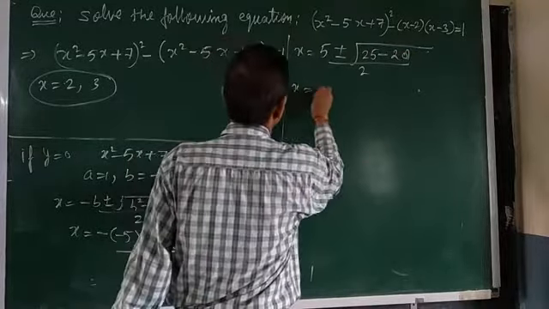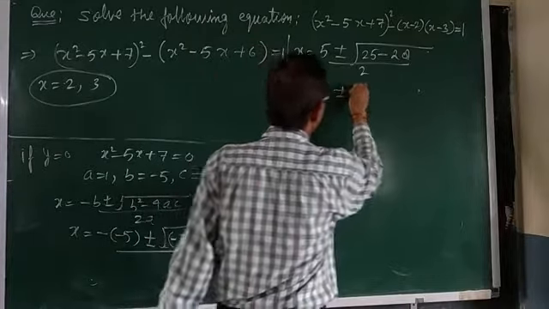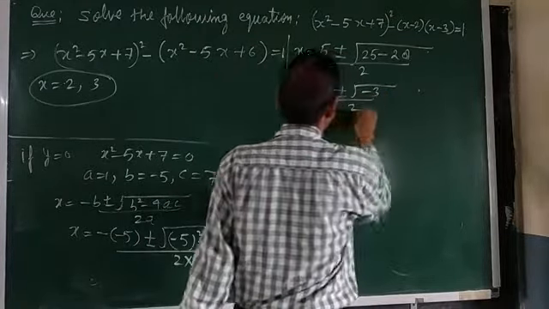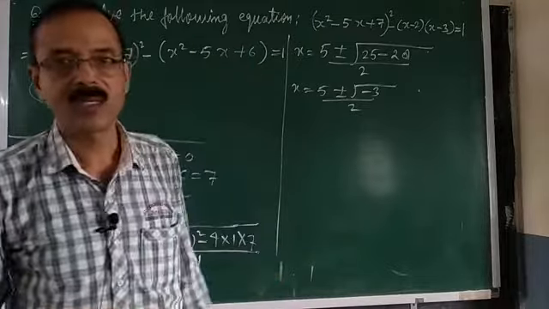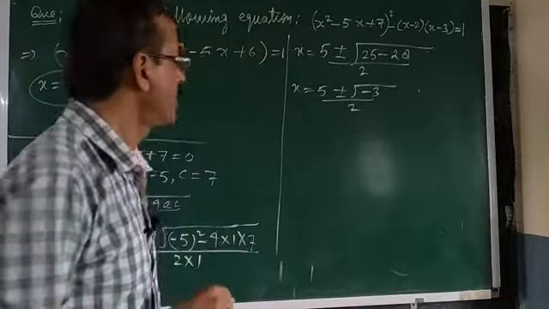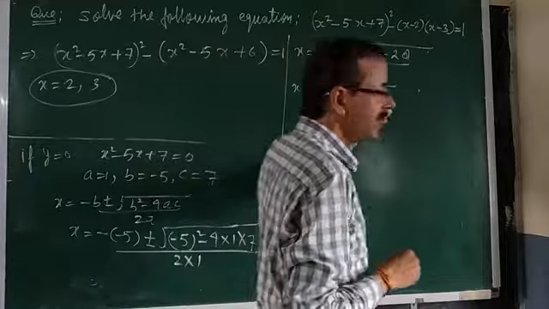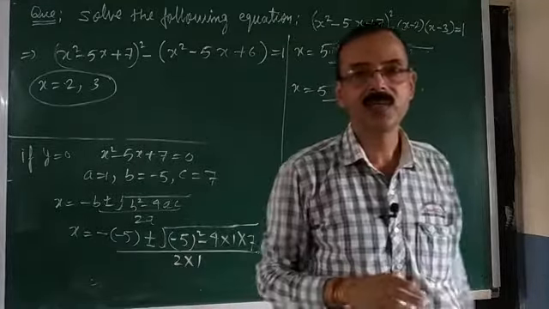So x is equal to 5 plus minus under root minus 3 upon 2. 25 minus 28, that is minus 3. So with minus 3 under the root, the answer is imaginary, because under root minus 1 is equal to i.